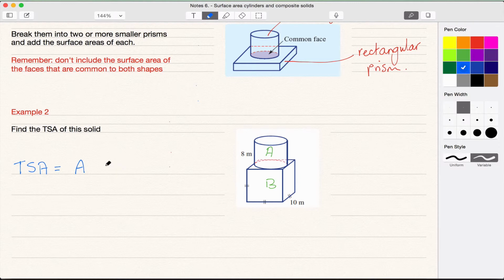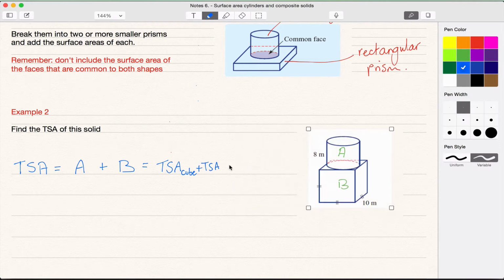Total surface area will equal the total surface area of A plus the total surface area of B. If you didn't want to label them A and B, you could write it as total surface area of cube plus TSA cylinder. Either one is fine.